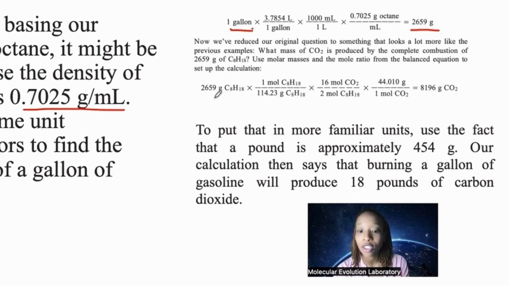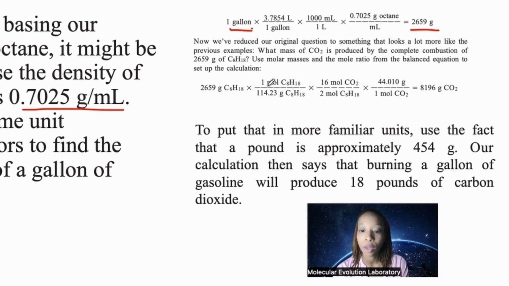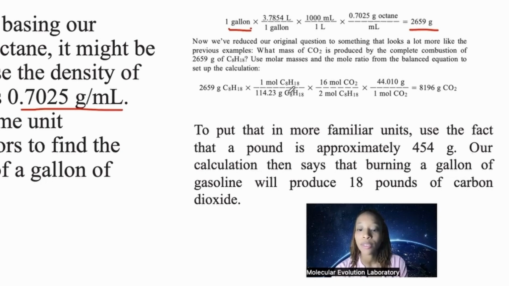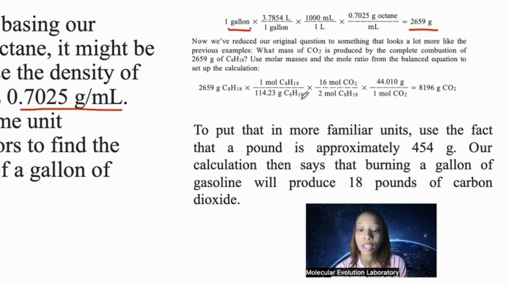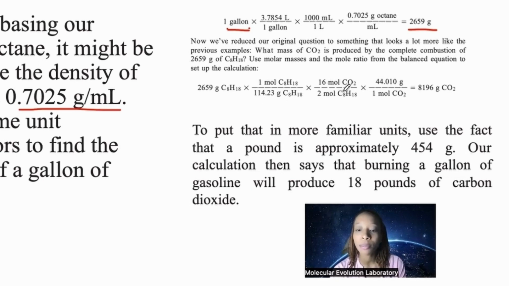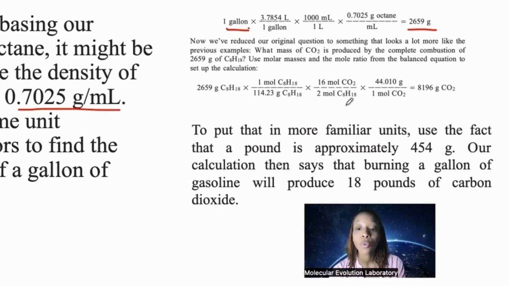So 2659 grams of octane times 1 mole of octane per 114.23 grams, as we calculated with the carbon as well as the hydrogen. Remember, that was 12 times 8 plus 18, which gives you 114. You times this by 16 moles of CO2 divided by 2 octane.